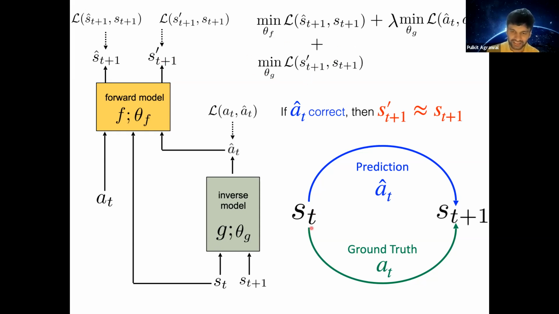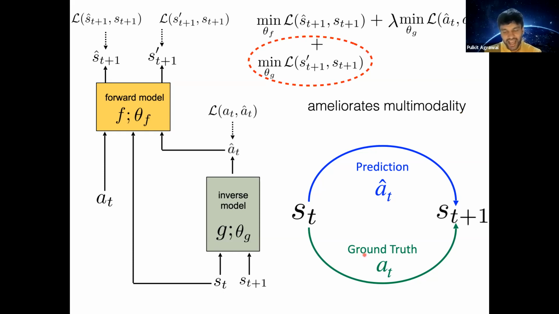What I'm saying is, if I have a hat t and at, instead of doing just this loss, if I put a hat t or at through a forward model, both of them should lead to the same prediction. The forward model over here can help us mitigate this multimodality problem. So by training the inverse model with the help of the forward model, I can get rid of this problem.